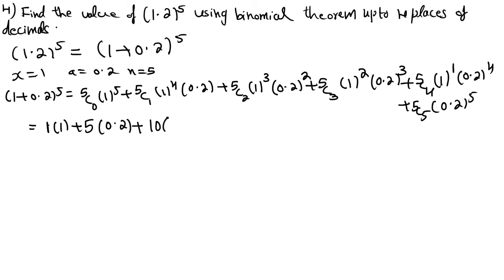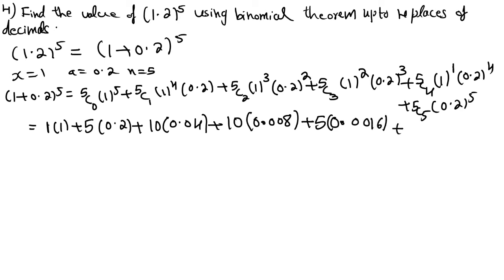We know 0.2 square is equal to 0.04 plus 5c3, its value is 10 into 0.2 whole cube. 0.2 whole cube is equal to 0.008 and 5c4 value is equal to 5c1, its value equal to 5 into 0.2 to the power 4. 0.2 to the power 4 means 0.0016 plus 5c5 value, it's equal to 1 into 0.2 to the power 5, it's equal to 0.00032.